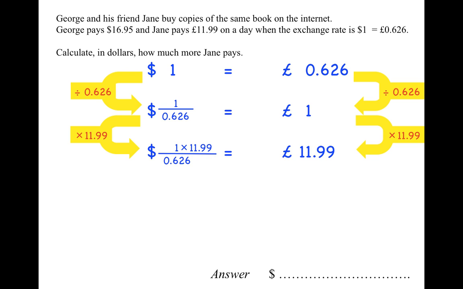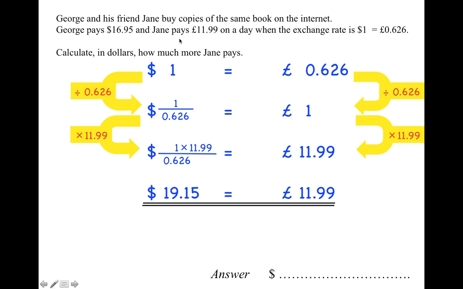So when you do that, you get that 1 times 11.99 divided by 0.626 dollars is worth £11.99. That comes to $19.15, so the £11.99 that Jane paid is equivalent to $19.15. Jane pays $19.15.